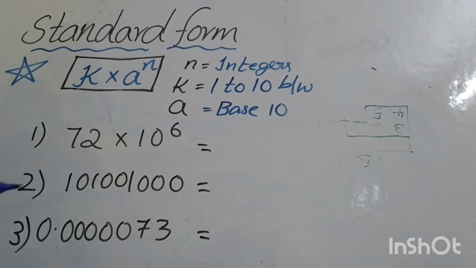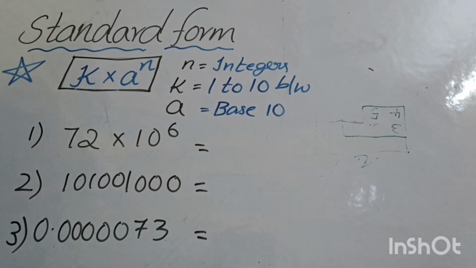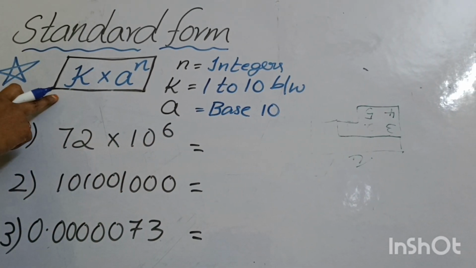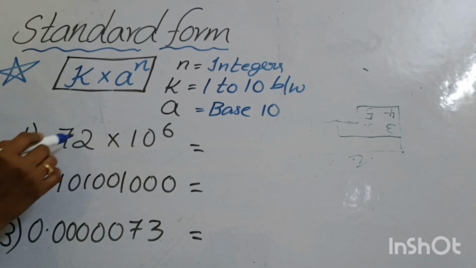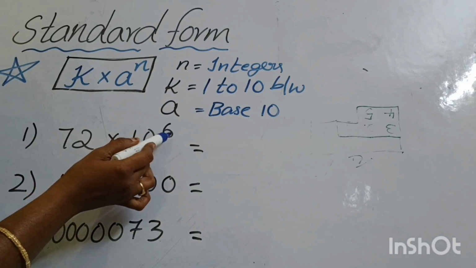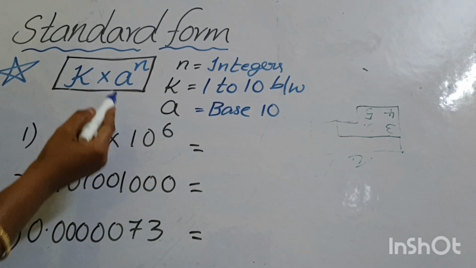Now next let us see some more examples, children. First see this question: 72 into 10 power 6. Is it in standard form, children? Check. See here, k value is 72 and a is 10 power 6. Fine, this base is same as our condition, 10 power 6.